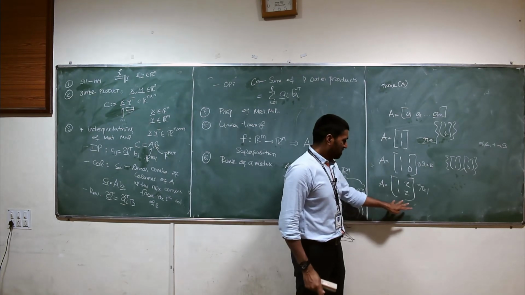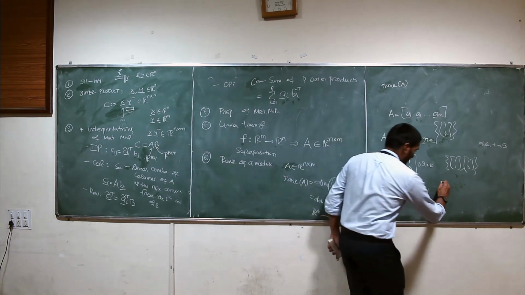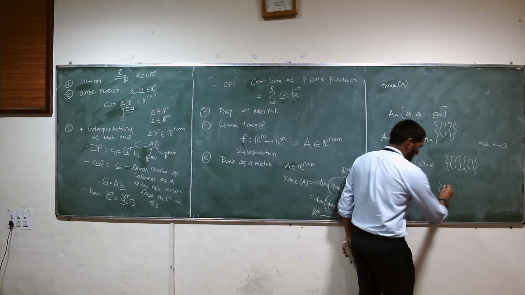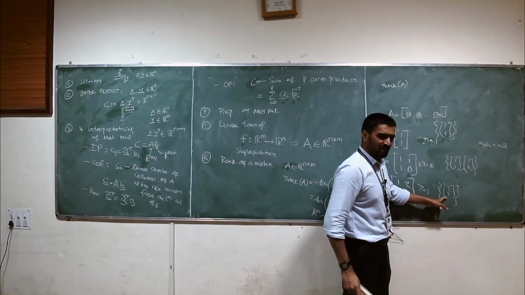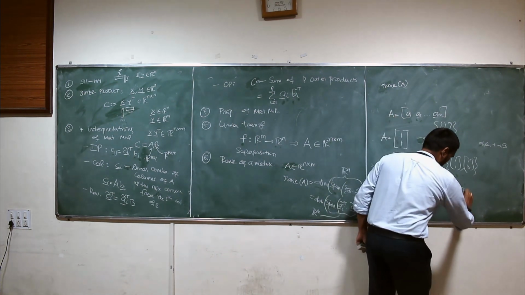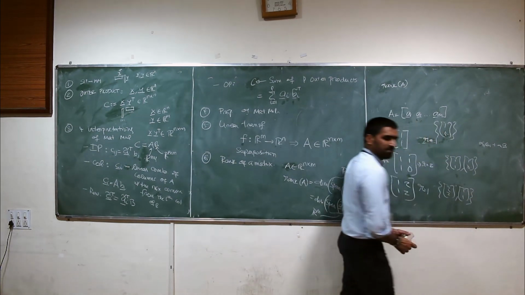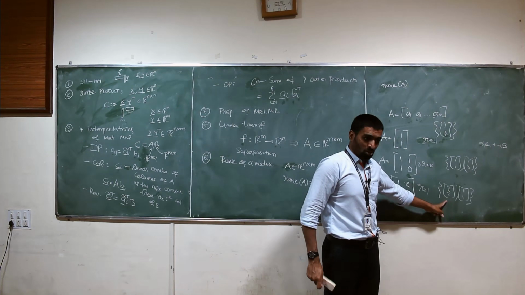Here, the maximum number of columns that we can sample from here is 2, right? So we sample one of these, we get 2, 2. This is linearly independent. We can sample one more. It's not, right?